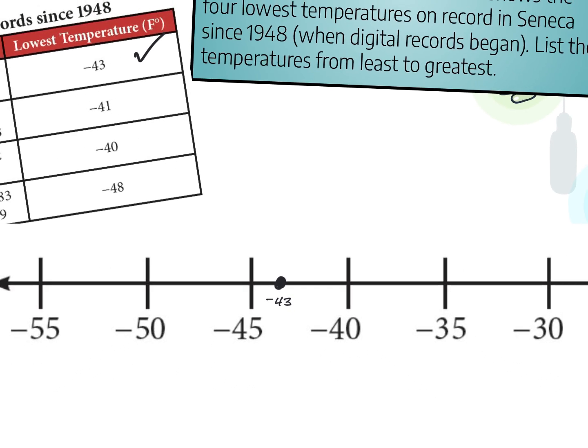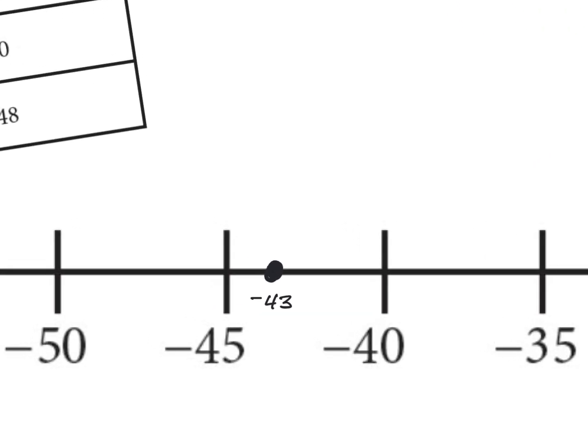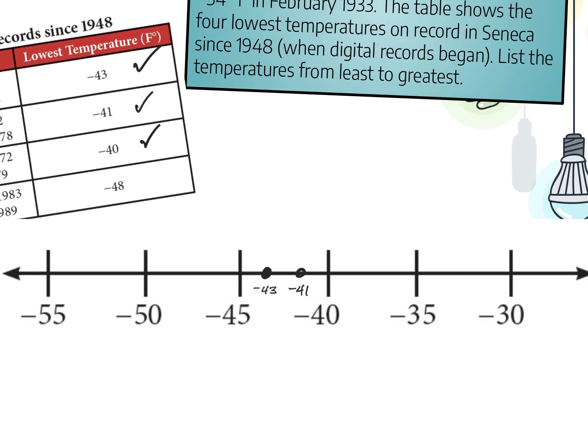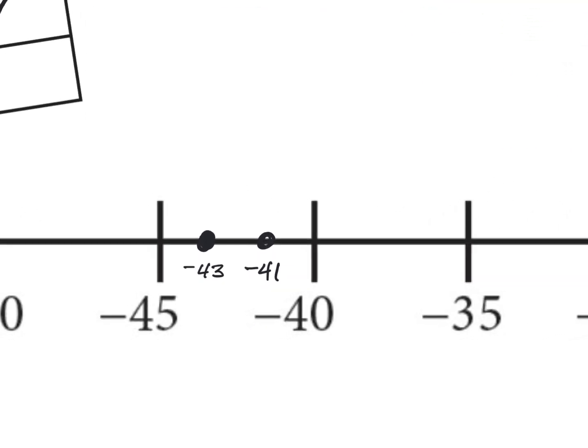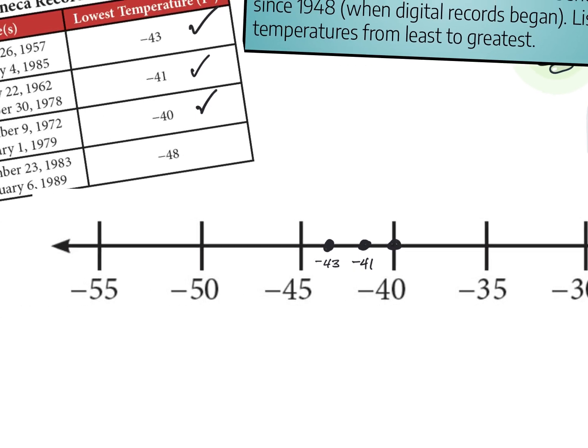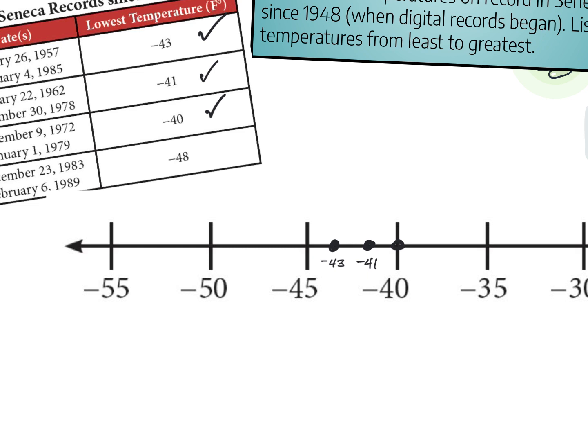Next we go to negative 41. Negative 41 is also between negative 40 and negative 45. Put the dot there and put negative 41 right underneath that dot. The third one is negative 40, and we already have a tick mark on the number line for negative 40, so that'll be easy to make the dot apparent. The last one is negative 48.